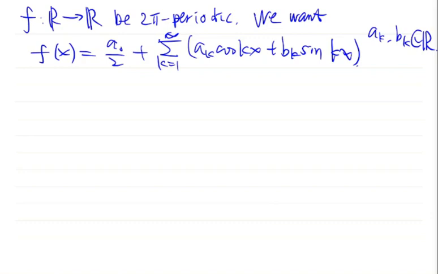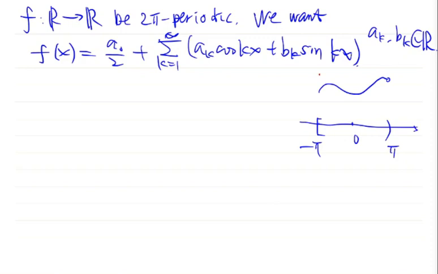So, any 2 pi periodic function is completely determined by its definition on an interval of length 2 pi. For example, if you define a function on minus pi to pi, then you can extend the function 2 pi periodically to obtain a new function. This function is defined in the interval minus pi to pi.